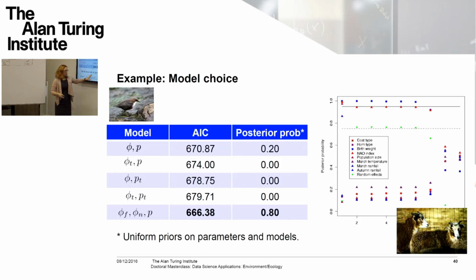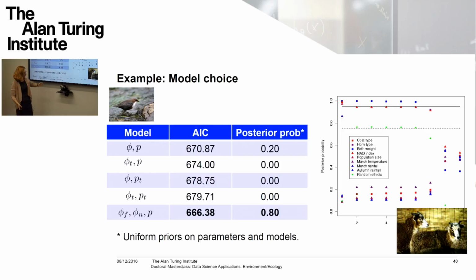You can do much more. So this was a fairly simple one. This is a Soay sheep, and you can see there's a ring, a tag on its ear, which is how you identify them. So here we had 3, 4, 5, 6, 7, 8 different possible dependencies that the survival probabilities could be a function of, or covariates, to do with different attributes of this sheep or environmental conditions.